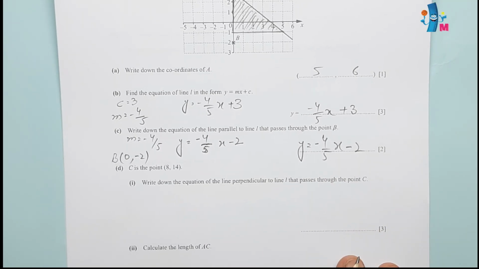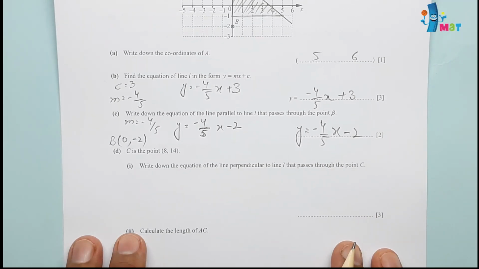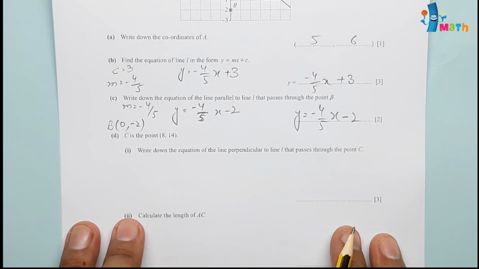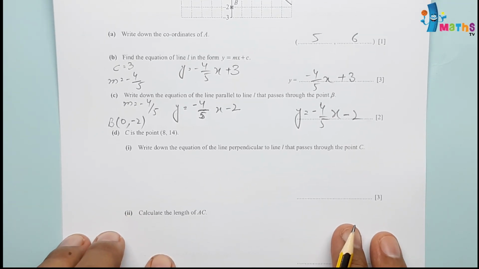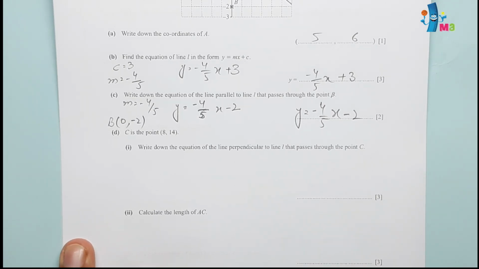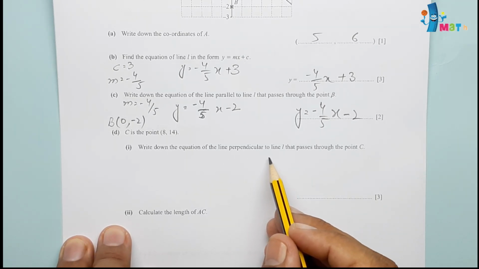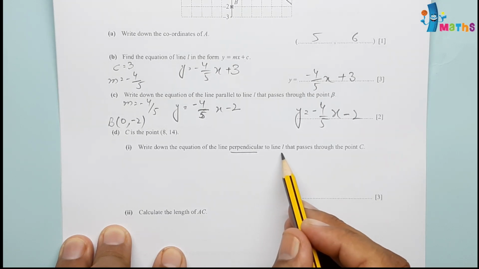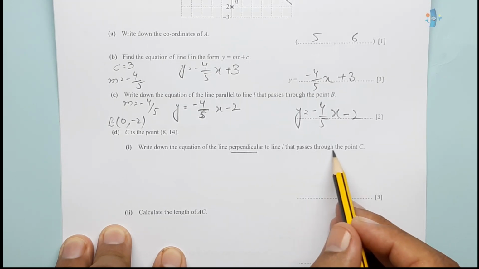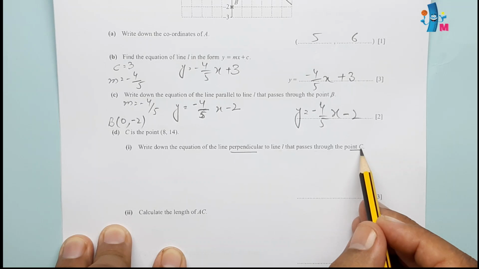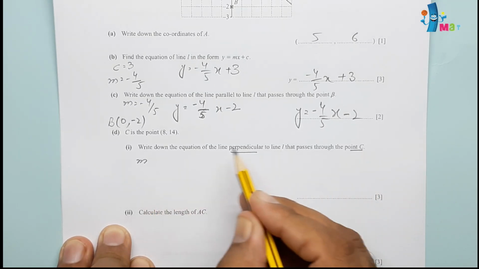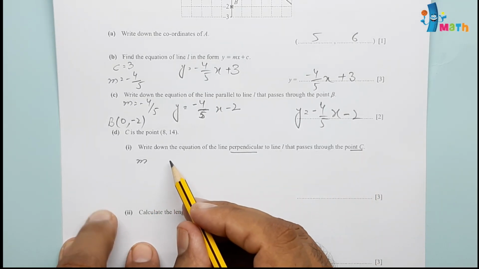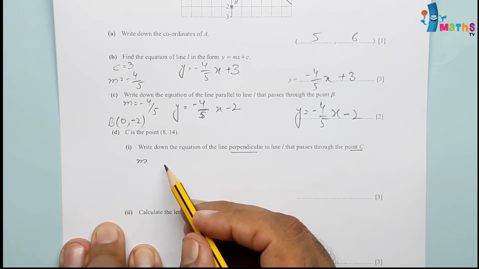Then C is the point 8 and 14. So this is the point given. Write down the equation of the line perpendicular to the line L and passes through the point C. So for the gradient, we know a perpendicular line has the reciprocal with the sign changed.